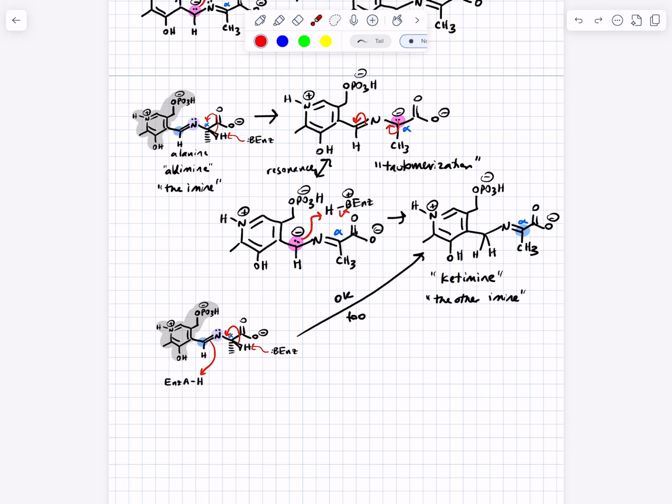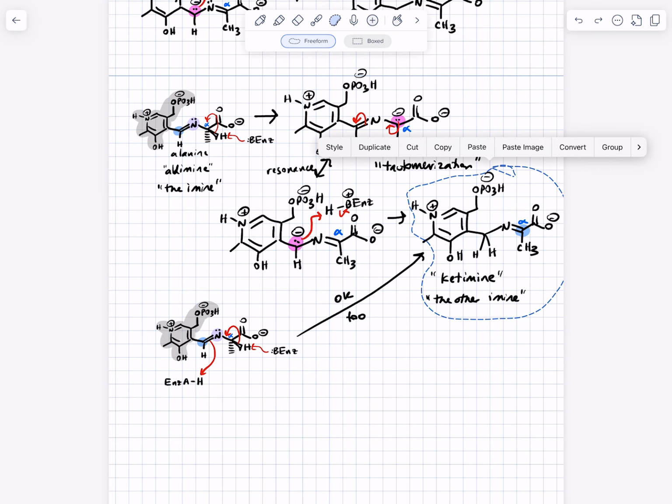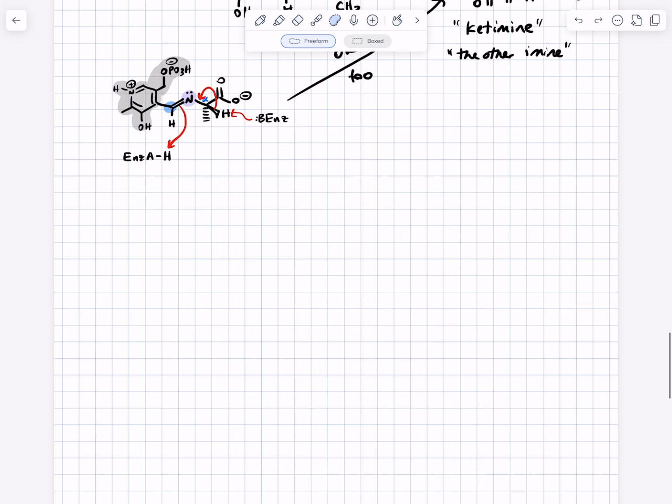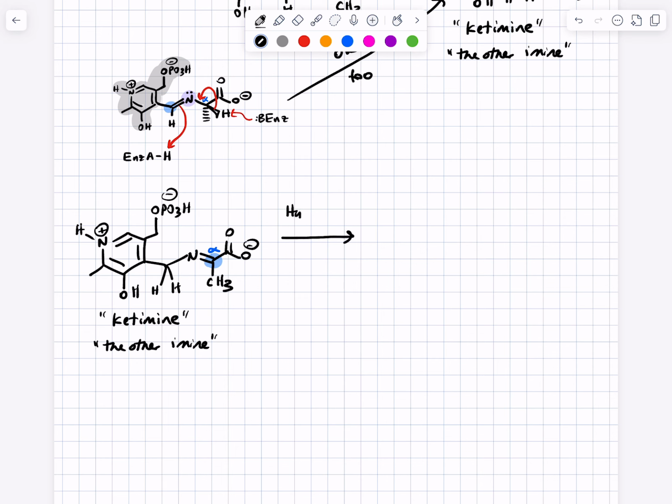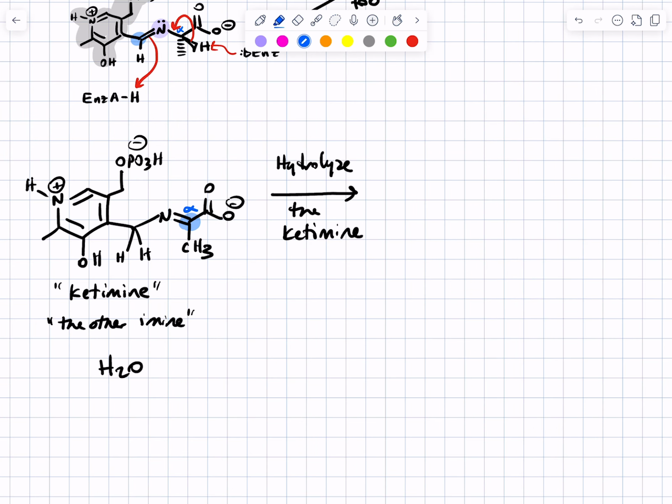Now, here's the jump. What we're going to do is hydrolyze that imine. So you've done imine formation. What we want to do now, for question 3 of your quiz, is figure out how to hydrolyze the ketimine. You're going to use water, and your steps are going to be exactly the reverse of the steps to make an imine.